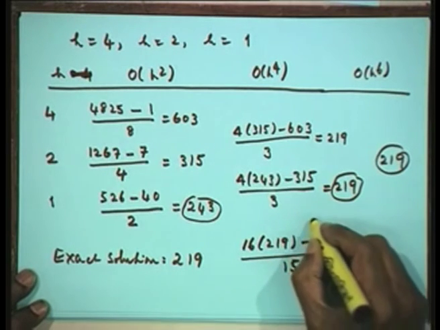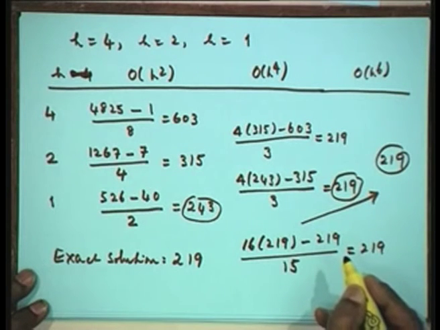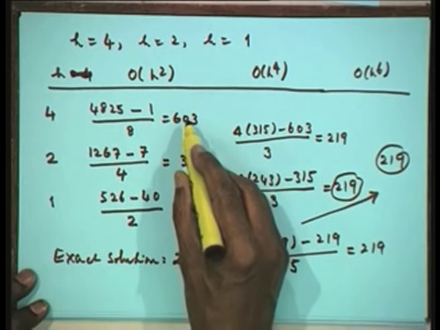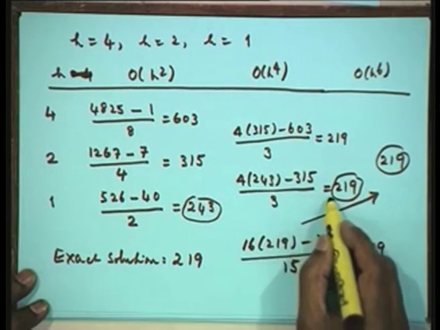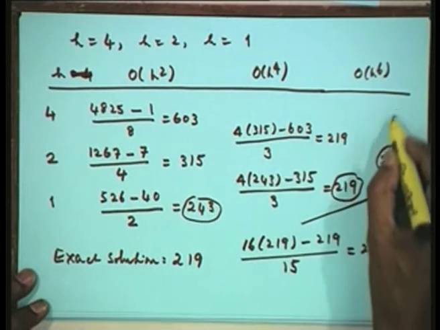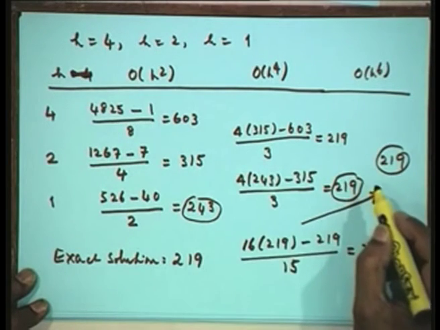Otherwise, our best solutions will be going in this direction. The last value in this column is the best, the last value in this column is best, and so on. So, we have the best approximations going in this direction.